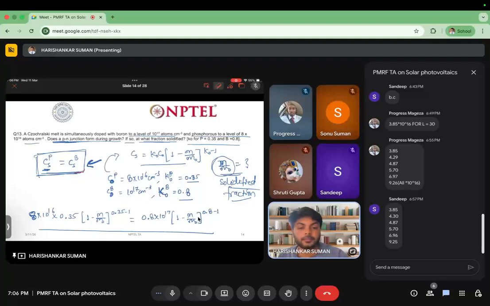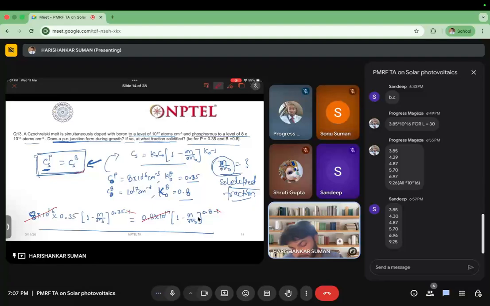Yes, please. This power with 18, this number cancels out, and will do the same. The minus 1 also cancels out, the same power.